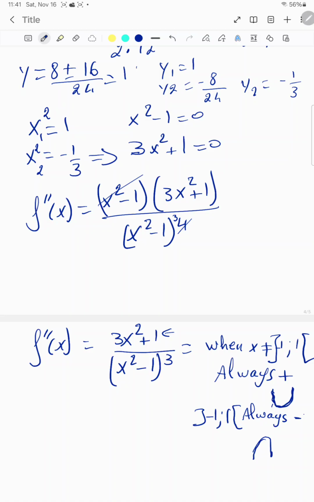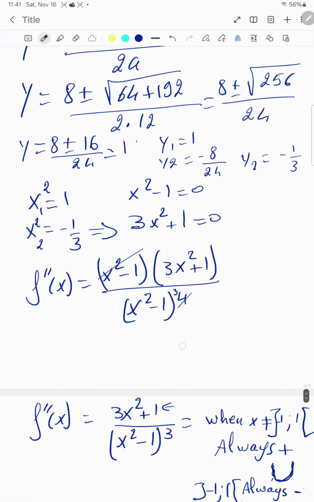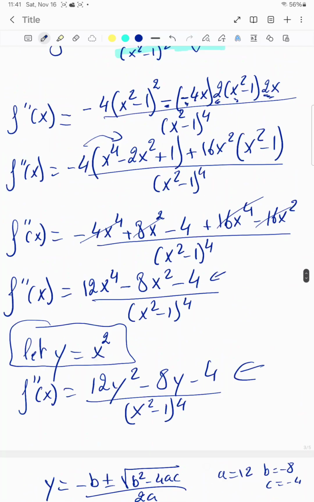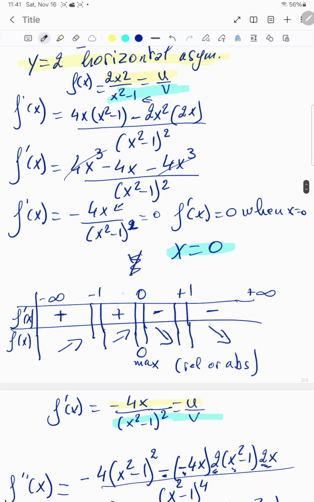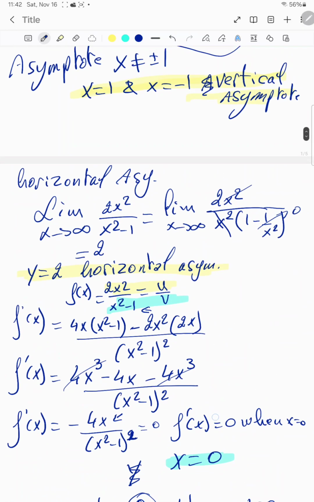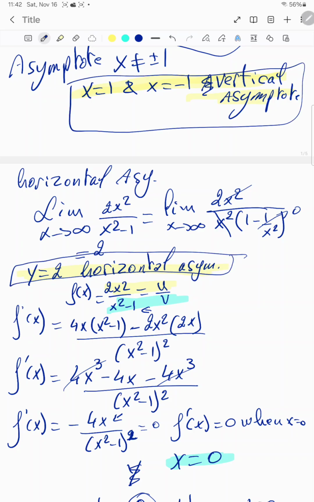So now if I want to draw my function, I have minus 1 and plus 1 as vertical asymptotes. I have a maximum at x equals 0 and y equal to 0, and I have y equal to 2 as horizontal asymptote, and those are my vertical asymptotes.